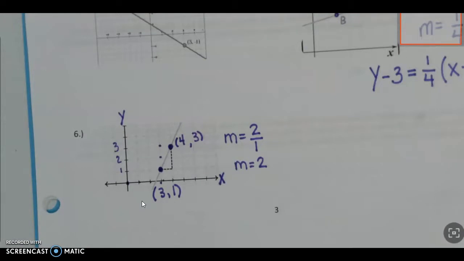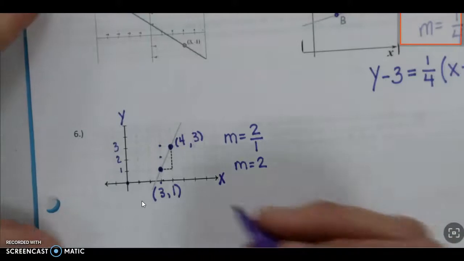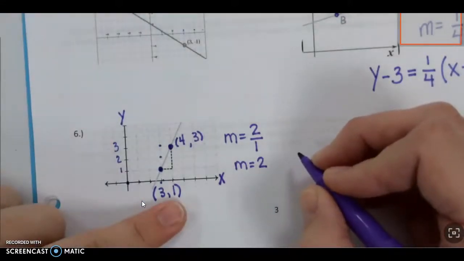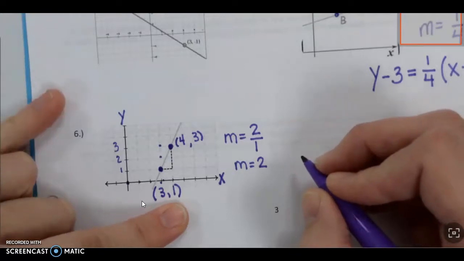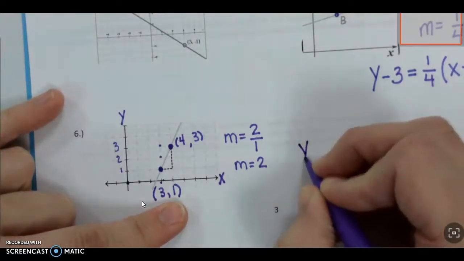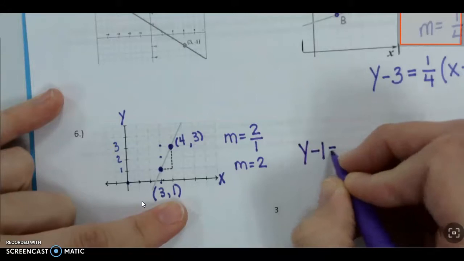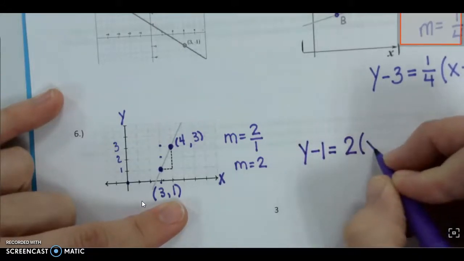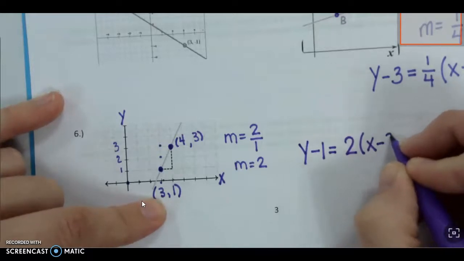And then it doesn't matter which one you use to create the equation, which again makes 2 different possible answers. Up at the top, there was only one answer you could have, but here for the graph, there's 2 possible answers. If you choose this as your point, 3, comma 1, your answer would be y minus 1 equals my slope of 2, x minus my x number, 3.